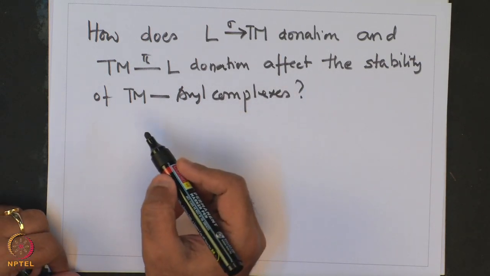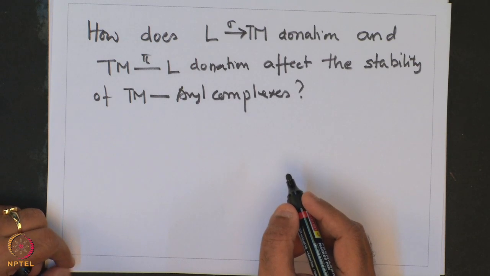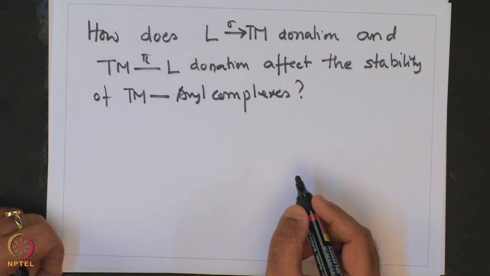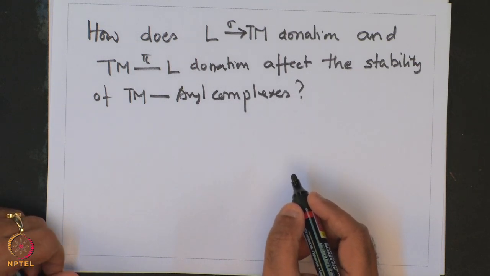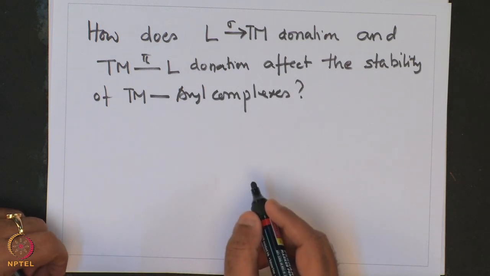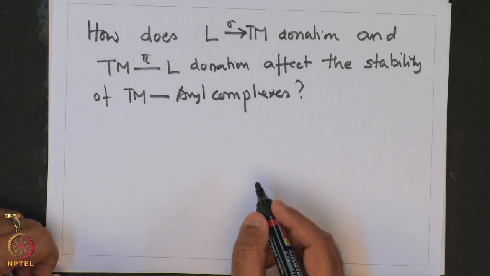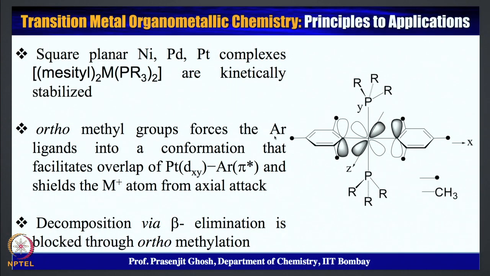And this can be explained by square planar complexes of transition metal aryl, which have been rendered kinetically stable because of the interplay between these two types of forward donation and backward donation.